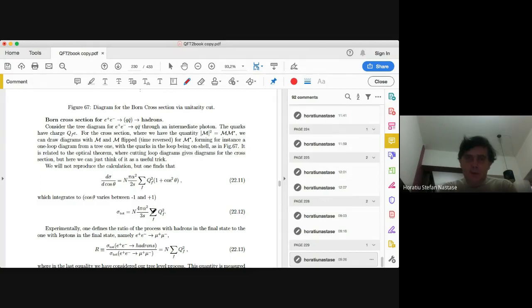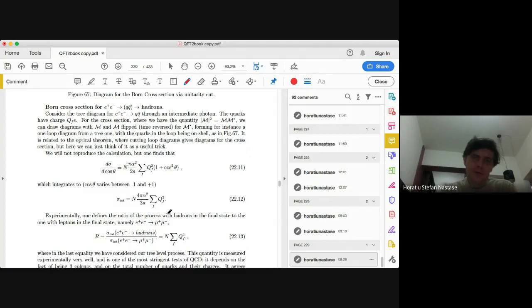That just modifies the prefactor, but then I'm left with the sum over flavors of quarks of the electric charge squared.